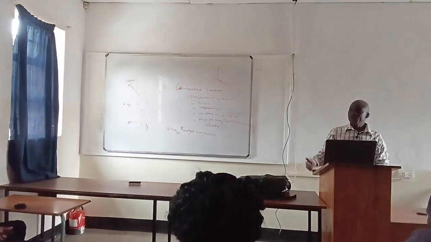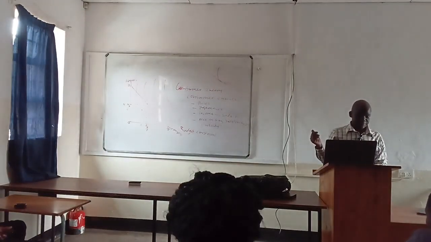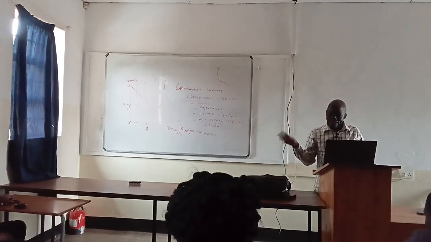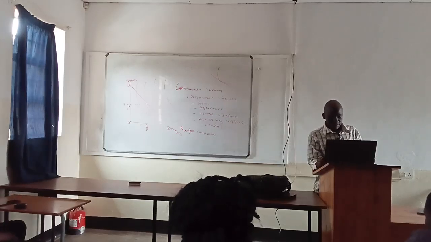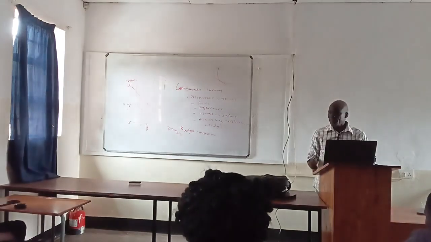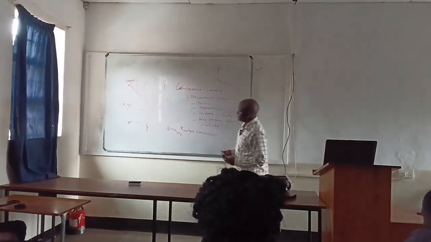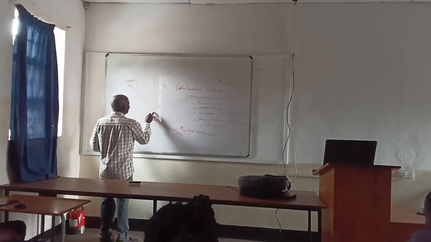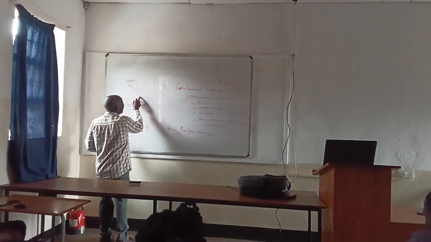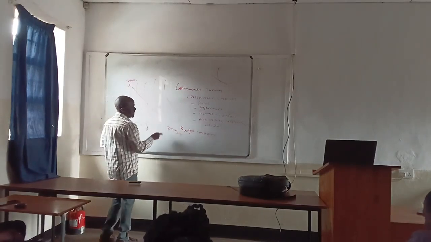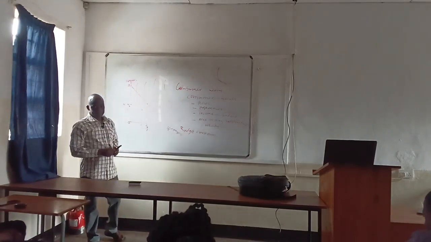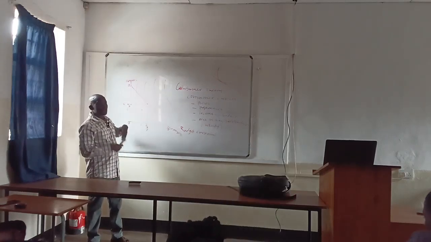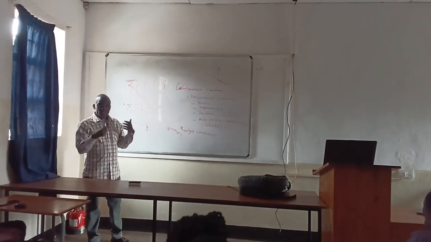Now, the issue of preferences, we need to factor it in there. Now, we have said that buying any combination within your budget line is what you can afford, is what you can attain.